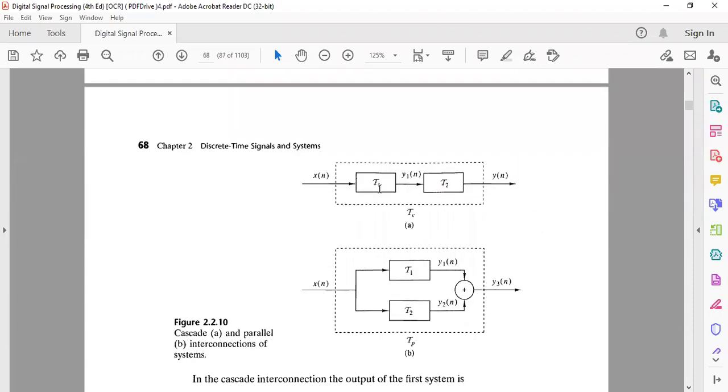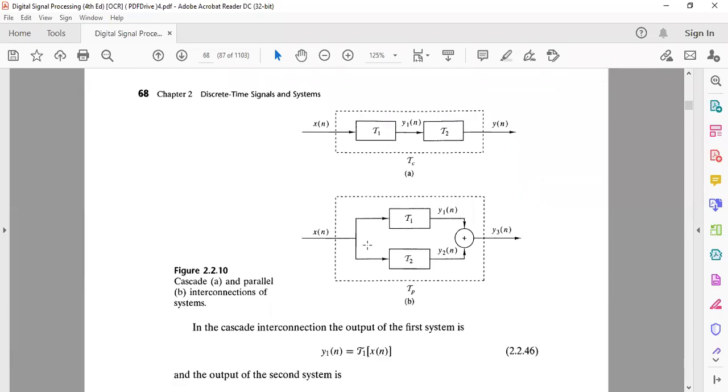So we have one system T1 and another system characterized by T2 in series. You have an input and you have an output. On the other hand, you have two systems characterized by transformations T1 and T2 in parallel, with one input x(n) and one output y(n).